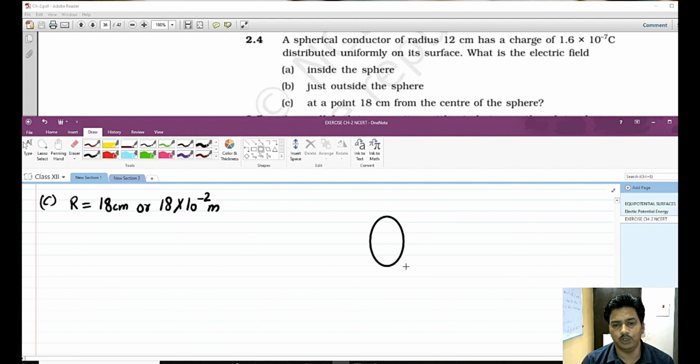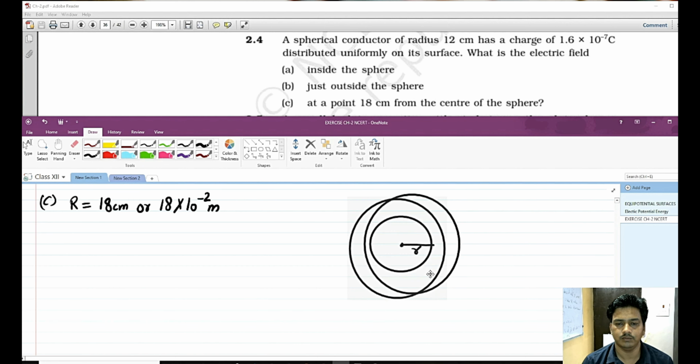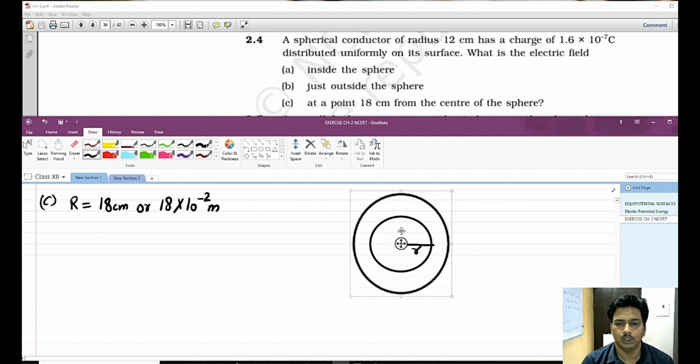So this is our original sphere whose radius is small r. Now we have to calculate the value of the electric field 18 centimeter away. Now the radius of this sphere is taken as capital R.